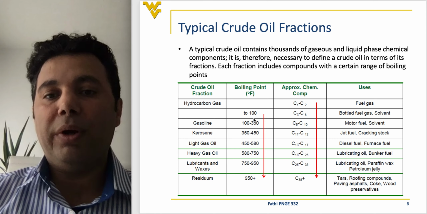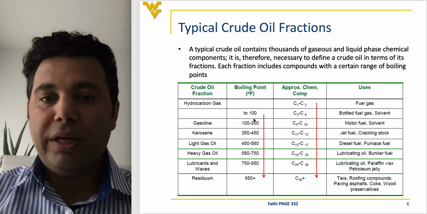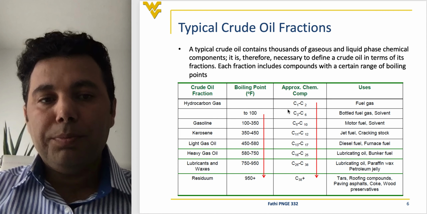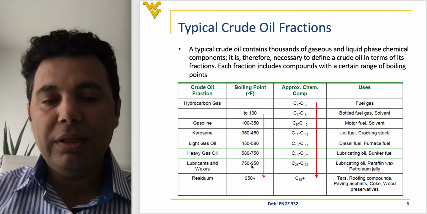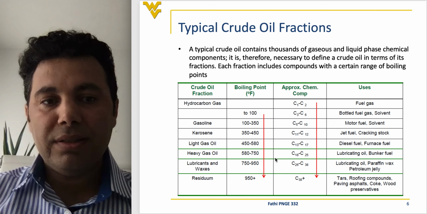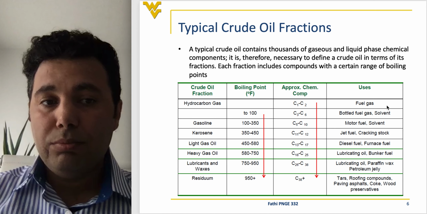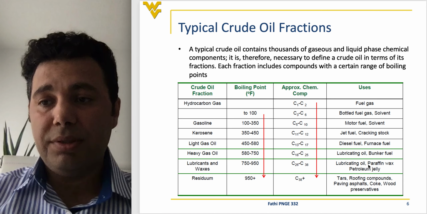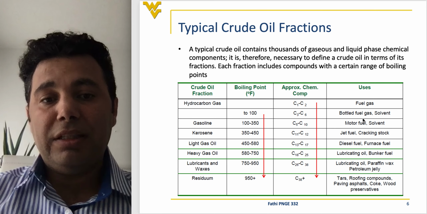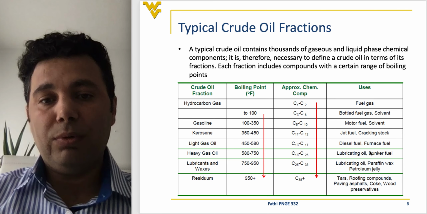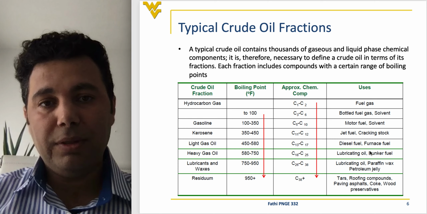So the boiling point starts going up. We can separate these components based on their boiling point, and in the fractionation plant, we can separate them and use them for different purposes. Basically this way, we can get the maximum benefit out of our product.